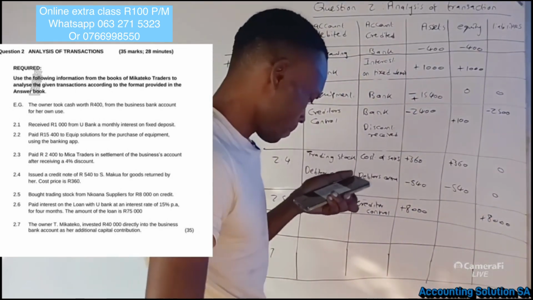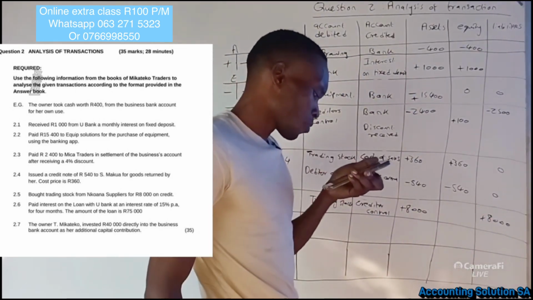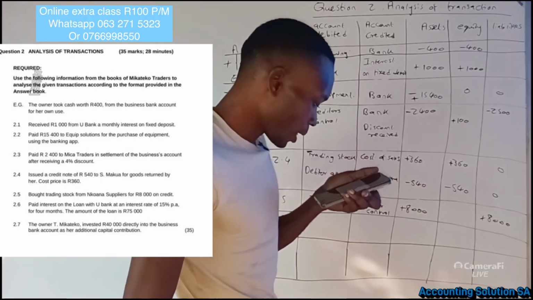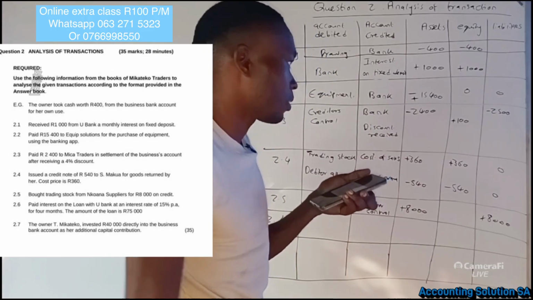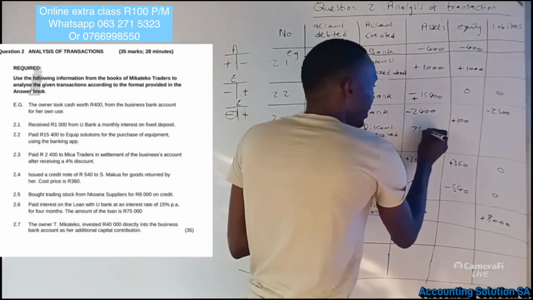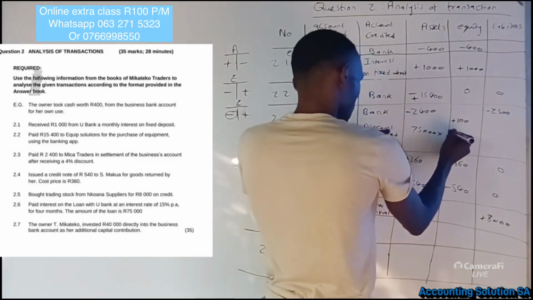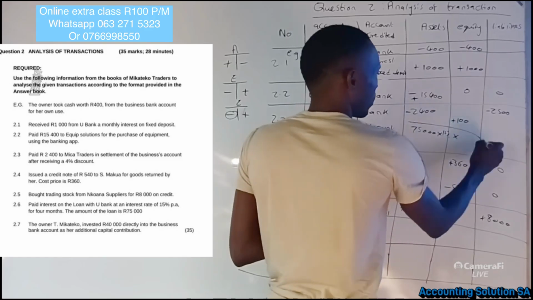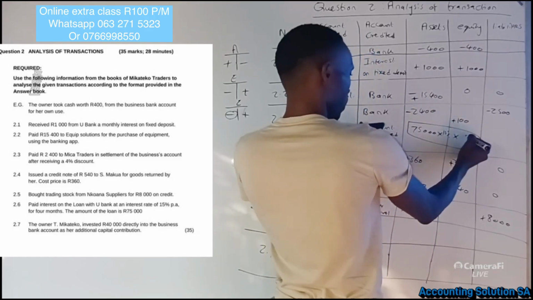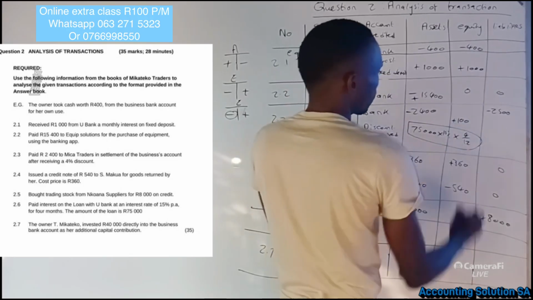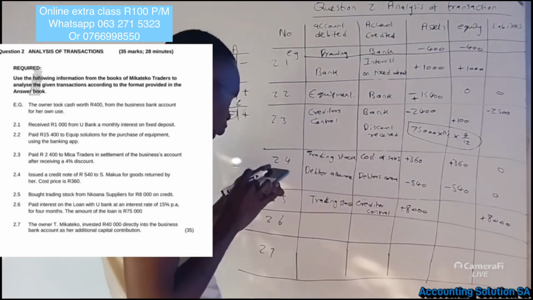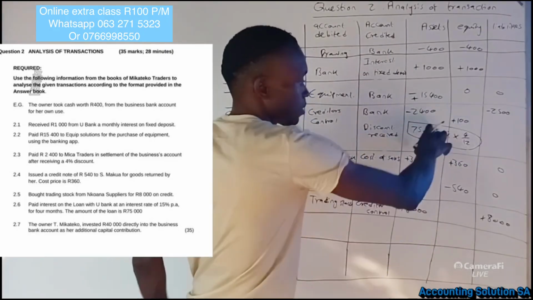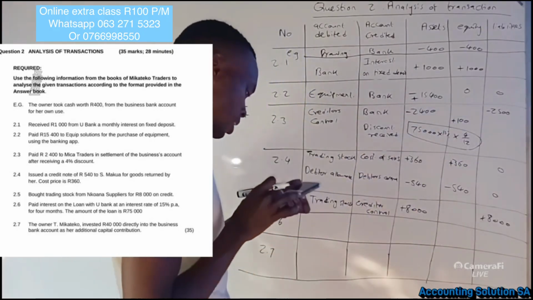Okay, paid interest on loan at an interest rate of 15% for 4 months, amount of loan is 75,000. How do we calculate this interest? Multiply by 15%, and we also multiply by what? Okay, this is the calculation, guys. Multiply by 4/12. This is how you do this calculation because they said only 4 months. It's 4 months out of 12 because this 15% is for 12 months.